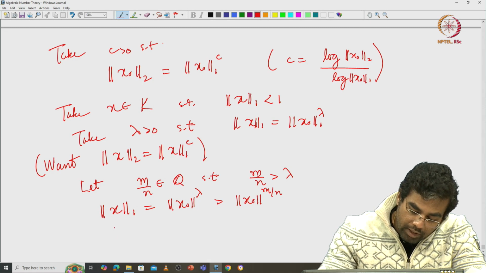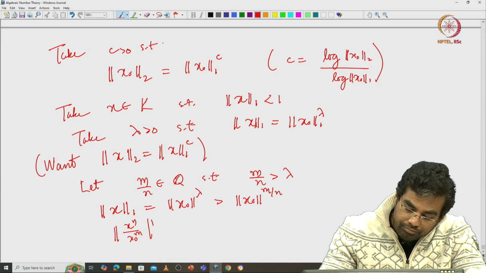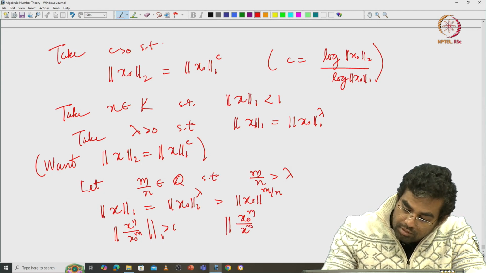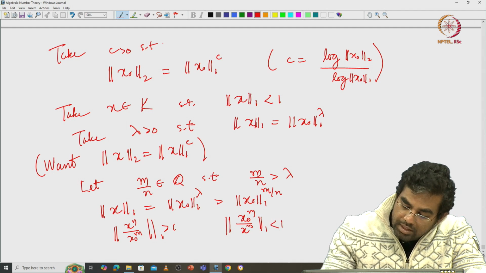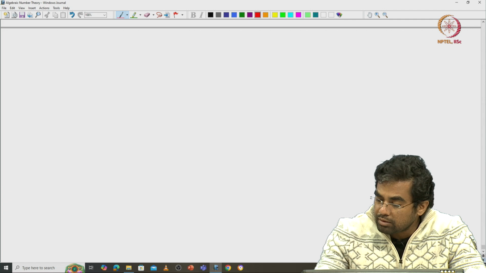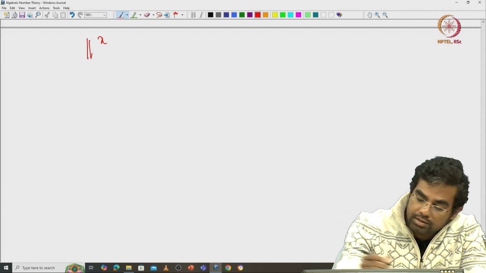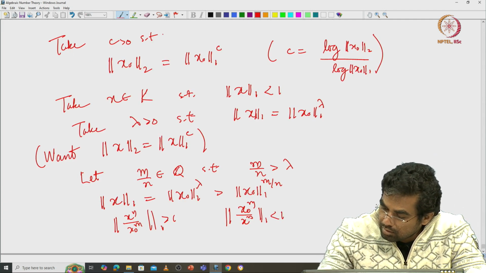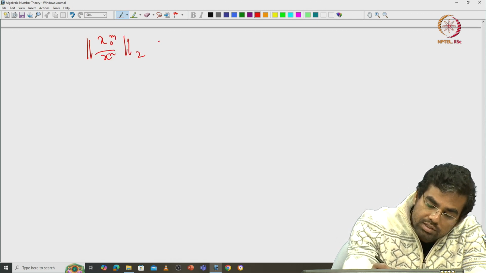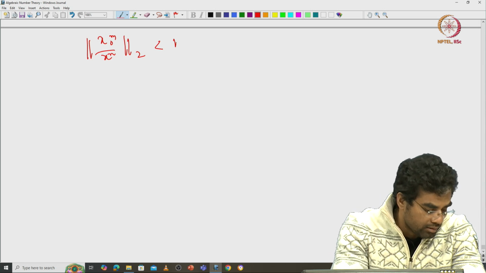I have that the valuation of x to the n by x0 to the m is bigger than 1, which means that the valuation of x0 to the m by x to the n, these are all first valuations, is less than 1, right. So, now once I have that, what I get is the valuation of x0 to the m by x to the n, but with respect to the second valuation, is also less than 1, right.